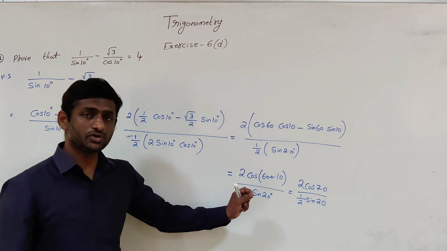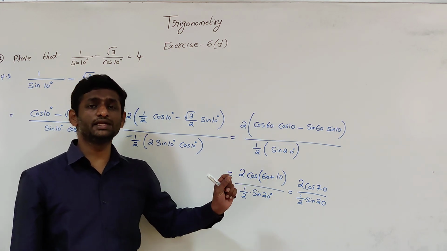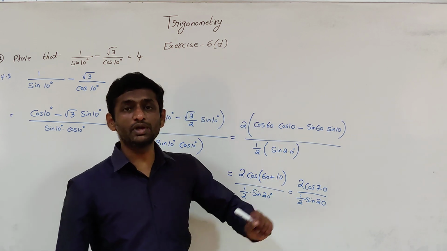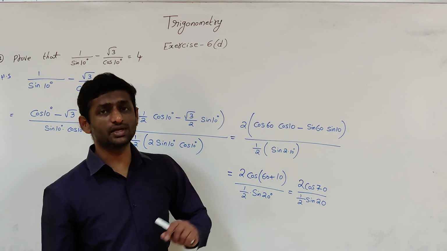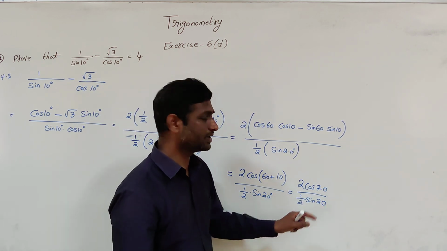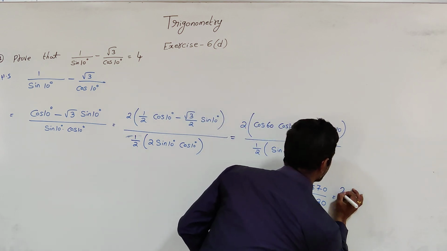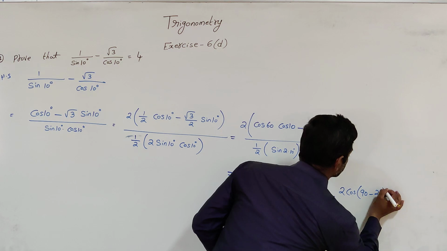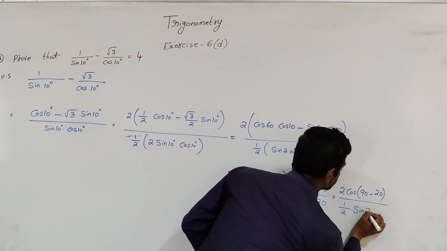If you clearly observe, 70 degrees and 20 degrees, 70 plus 20 gives 90 degrees, which means 70 and 20 are complementary angles. So one angle can be written as 90 minus the other angle. So 70 can be written as 90 minus 20. 2 into cos of 90 minus 20 by 1 by 2 times of sin 20.